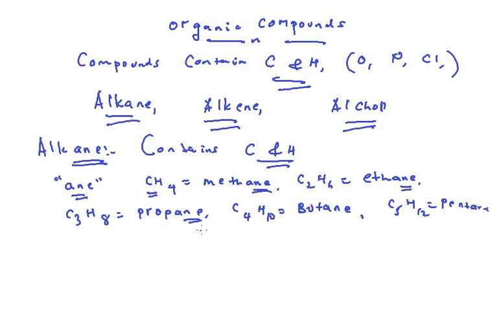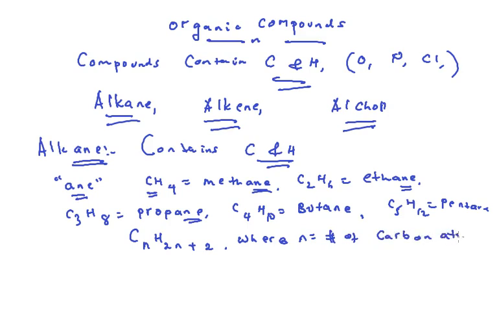Now, I know sometimes it's very hard to remember how many hydrogen atoms are associated with each carbon atom. What has been discovered is that there is a formula that works for the whole alkane family. I would suggest you remember this formula, CnH2n+2, where n refers to the number of carbon atoms.